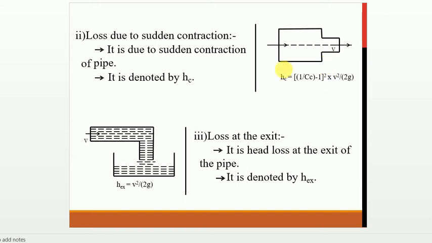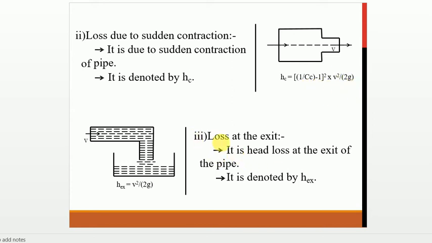If you simplify this, it would be around 0.36 into V square by 2g. If the coefficient of contraction is not given, we take the formula HC equal to 0.5 V square by 2g.